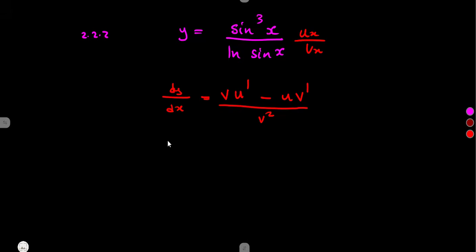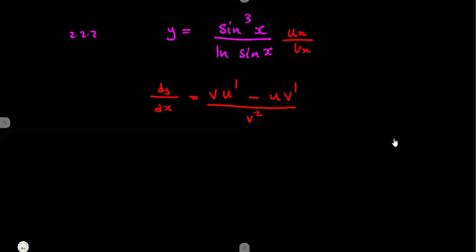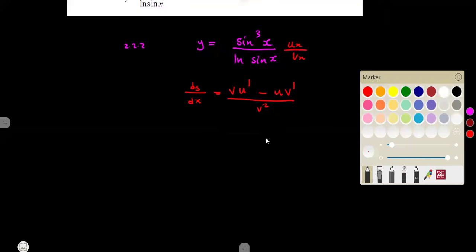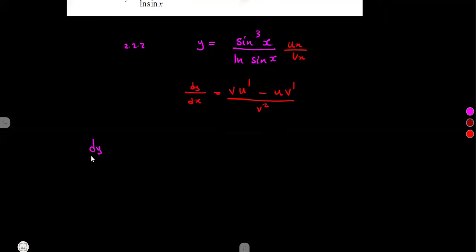I want us to be careful here. Do not rush when you're answering these questions. Write your formula. Then as you are substituting, that is where you're supposed to be careful. All right, let's substitute and see. The derivative of y with respect to x is equal to v, which is our denominator.